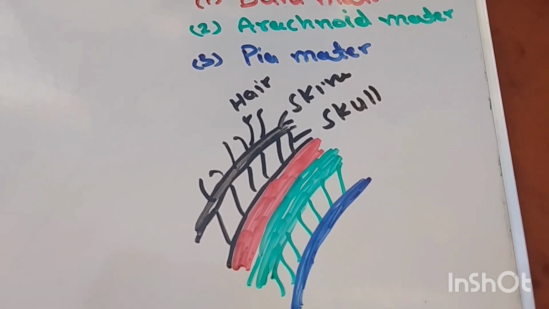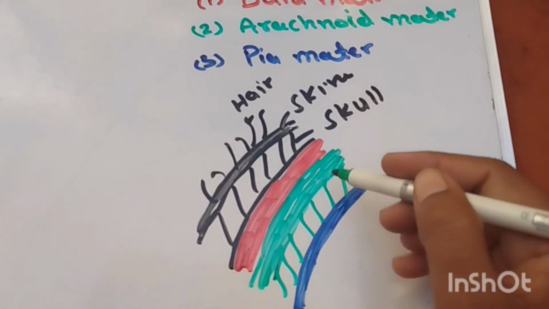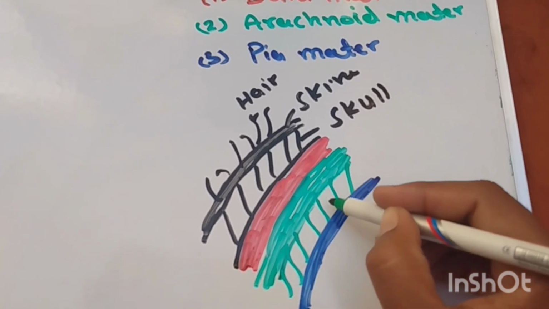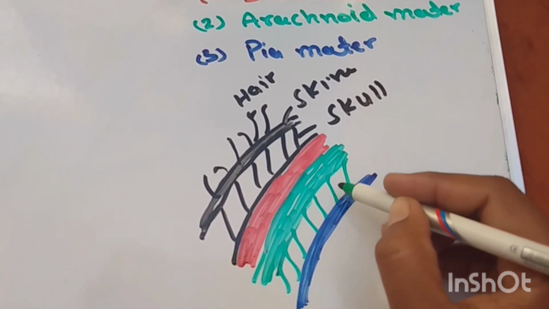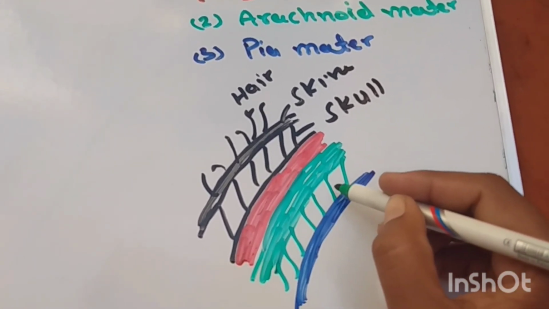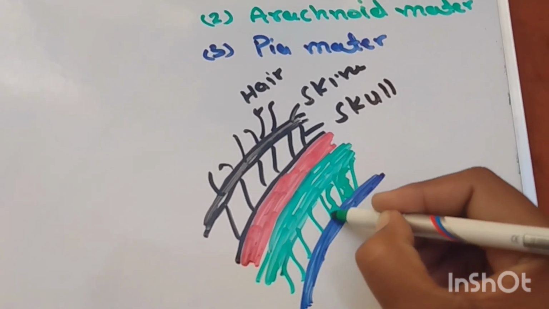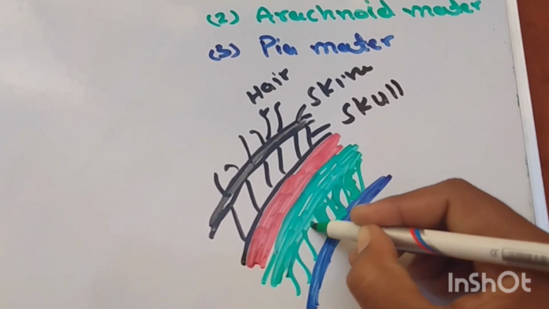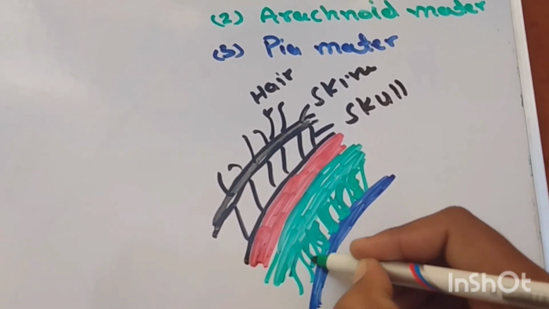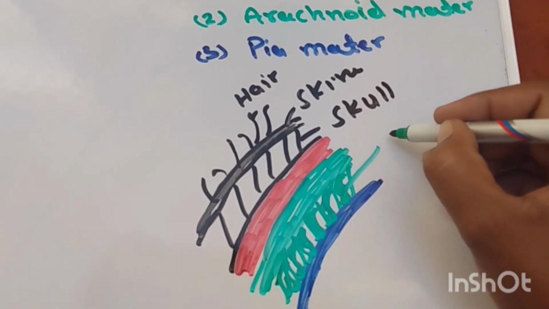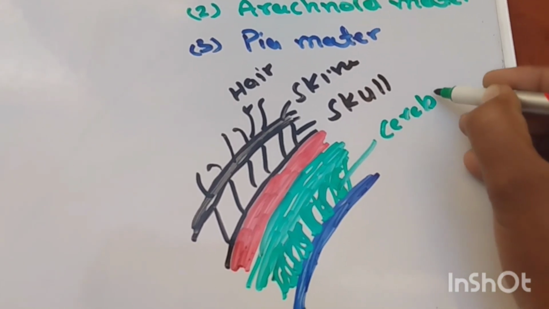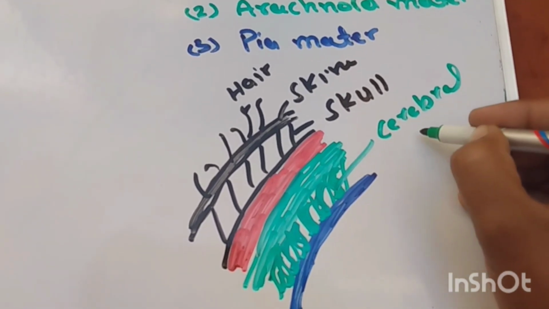Inside the arachnoid mater is a space. This space is called the subarachnoid space. This space is filled with fluid. The name of this fluid is cerebrospinal fluid.